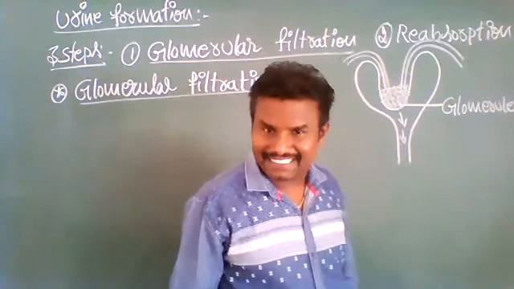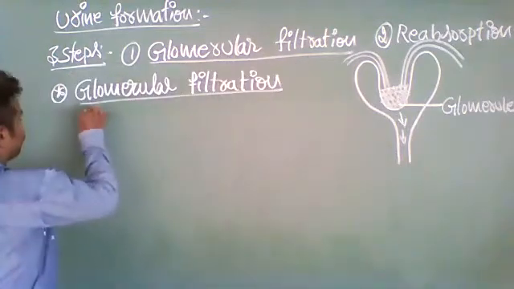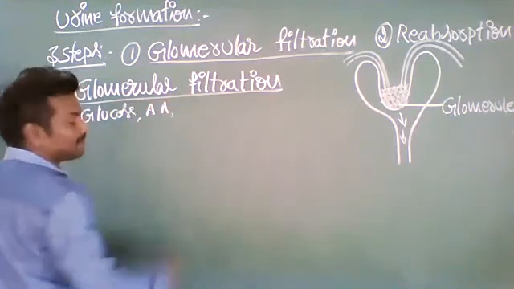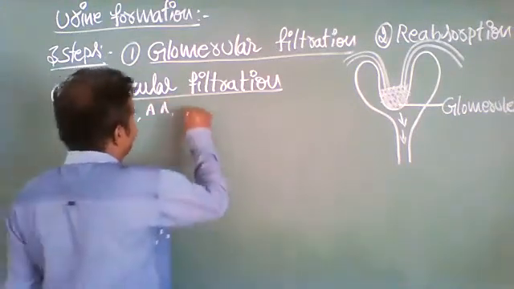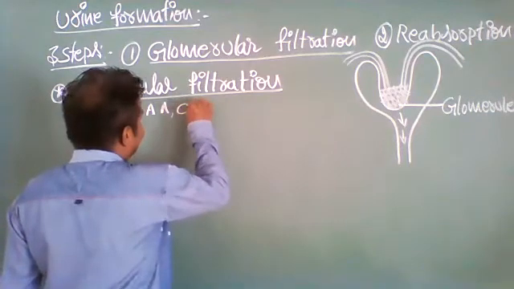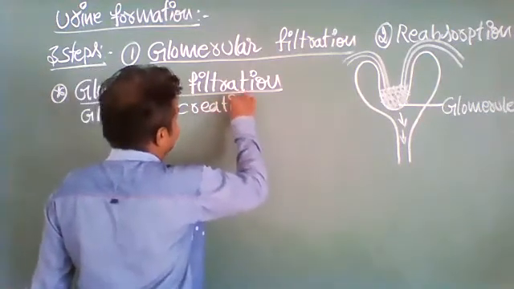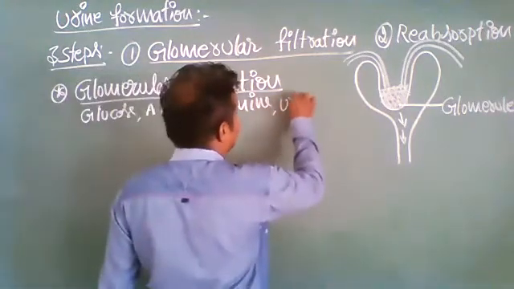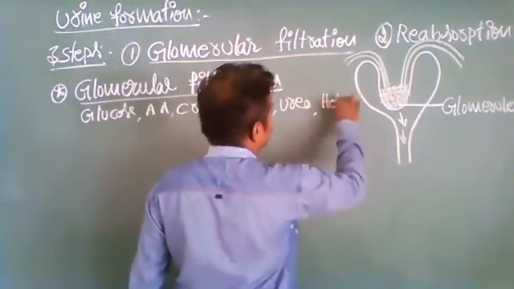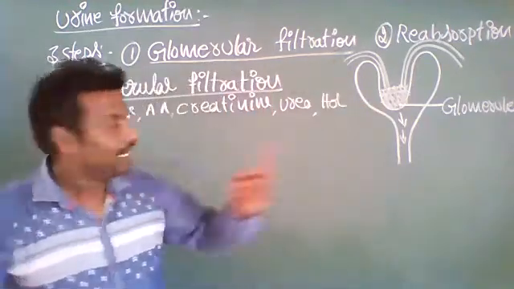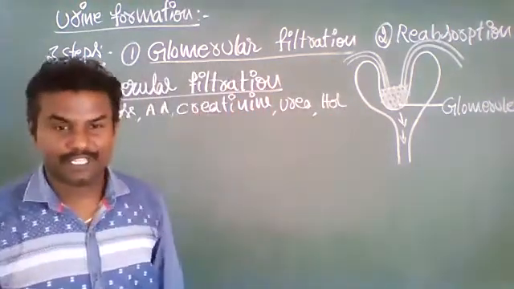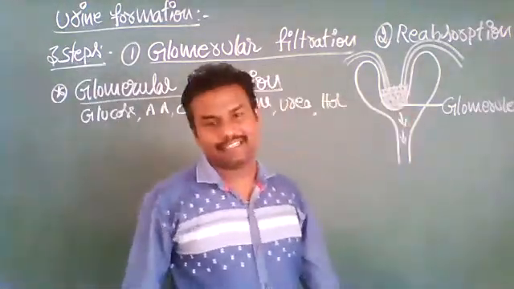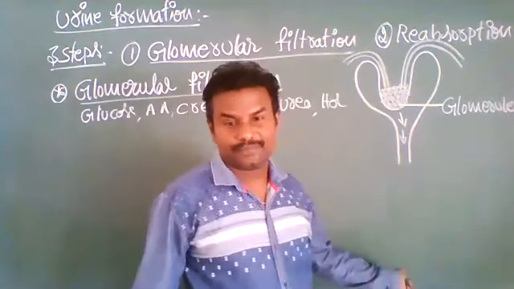Those filtrates are glucose, amino acids, next creatinine, urea, hormones, etc. These are all filtered here and pass in the downward direction, posterior direction.